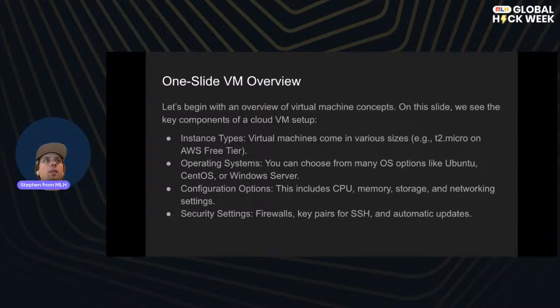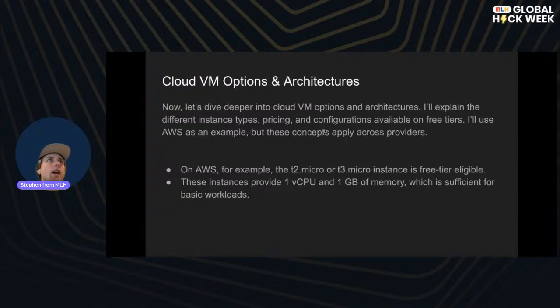Let me show the details on exactly what we're going to get provisioned through AWS. So we get 1 virtual CPU core and 1 GB of memory. That's not a lot in the modern day world.